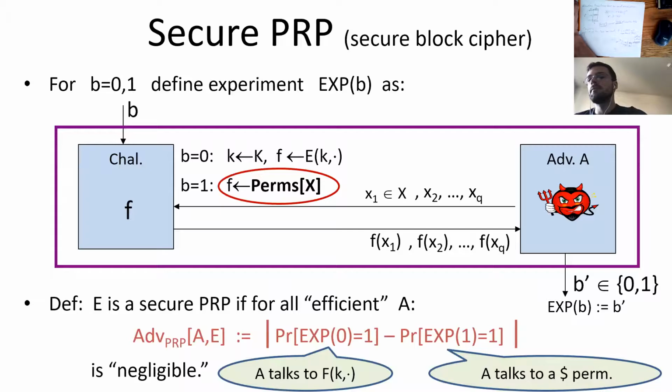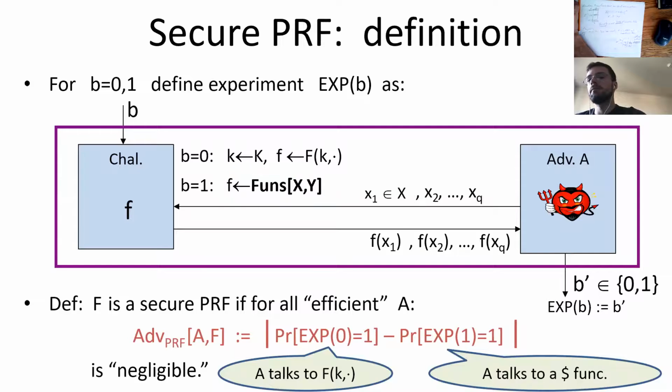In the case of a PRP, not much changes in this notion. It's just that in the ideal case, I will use words like real and ideal. Real is the B0 case. This is the real world, where the function the adversary talks to will be some cipher, some PRF.